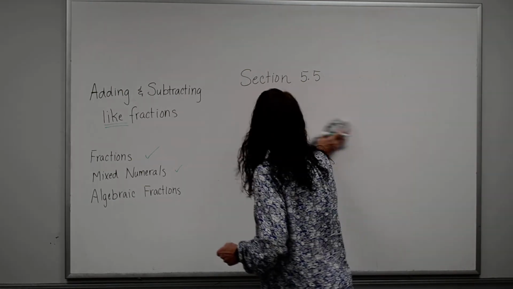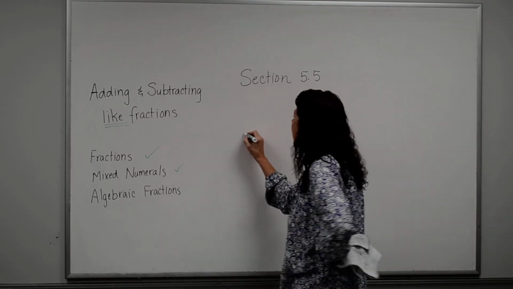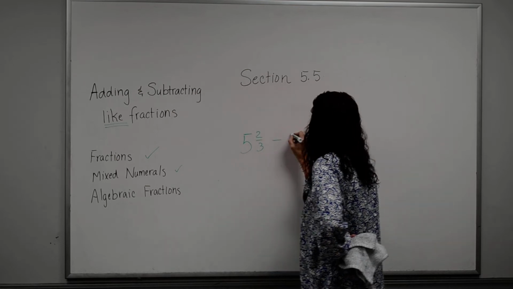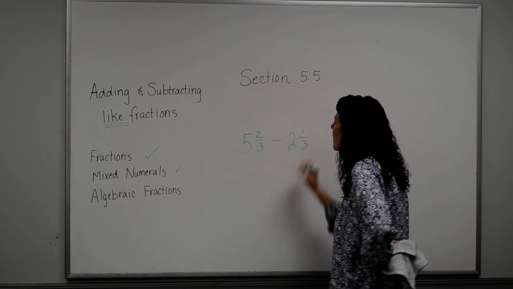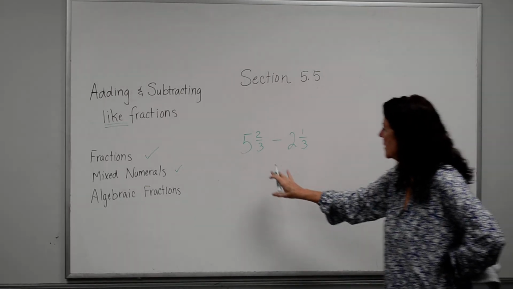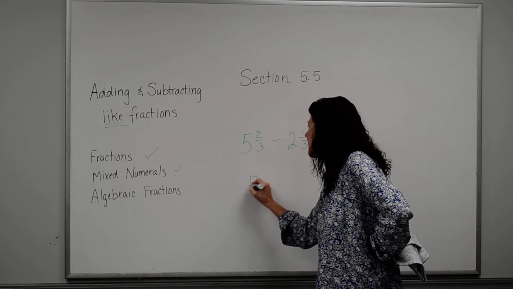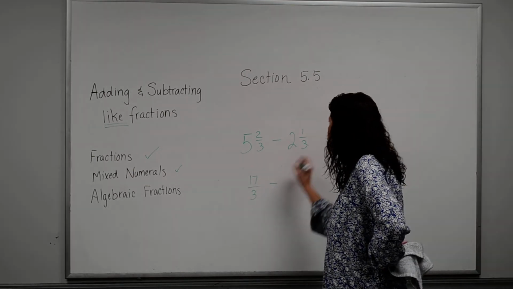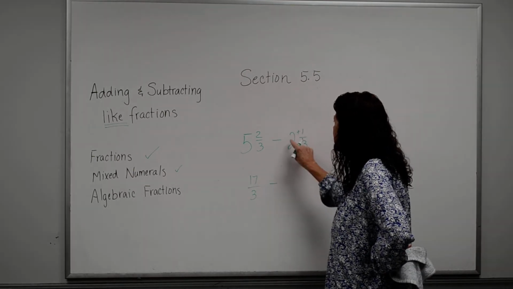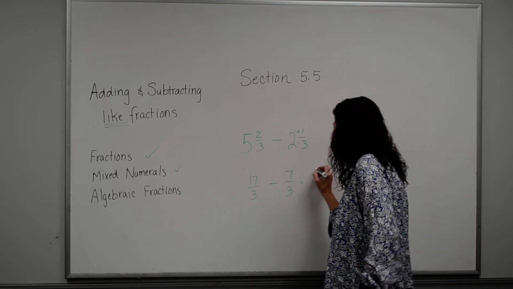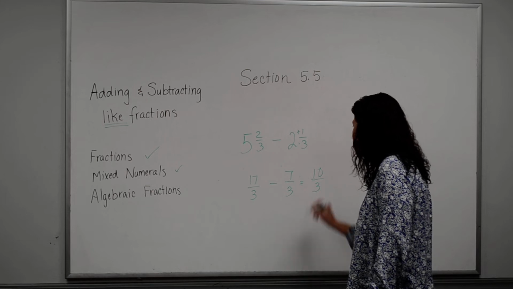Same thing with your mixed numerals. If I have 5 2/3 minus 2 1/3, if you want to make them into improper fractions first, that's going to be 3 times 5 plus 2, which is 17/3, minus 3 times 2 is 6 plus 1 is 7/3, which is going to give me 10/3.